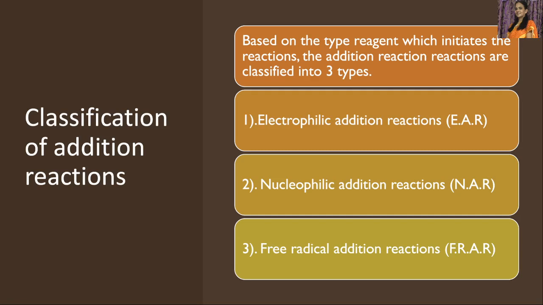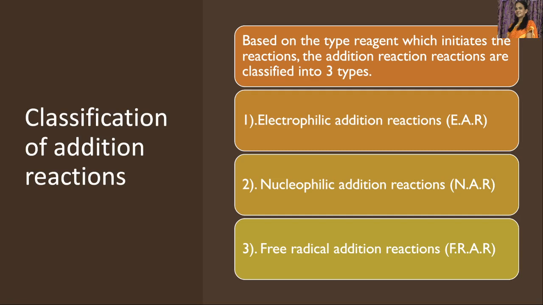So, what type of reagent is used to initiate the reaction? Based on this, the addition reactions are classified into three types. The first one is electrophilic addition reactions. The second one is nucleophilic addition reactions, and the third one is free radical addition reactions.